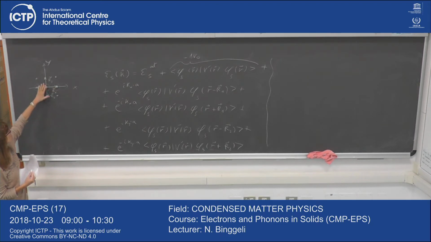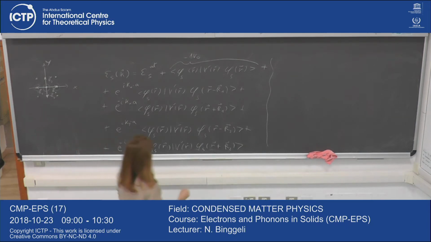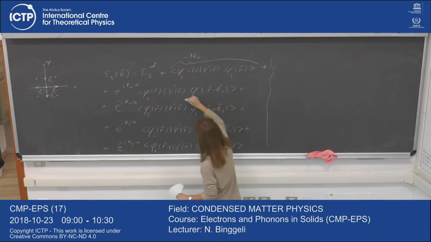I can transform this part into this part by a reflection. The crystal field remains the same. This part is transformed into this part, and therefore I obtain exactly the same matrix element. So these two are equal.